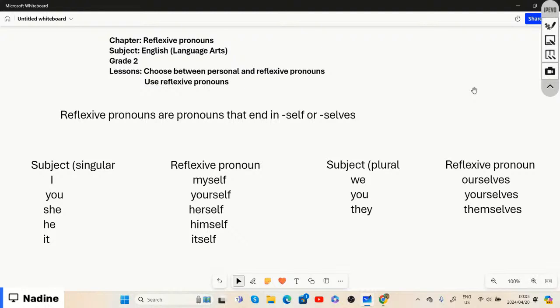The lessons we are focusing on under the chapter of reflexive pronouns are to choose between personal and reflexive pronouns, and to choose reflexive pronouns.